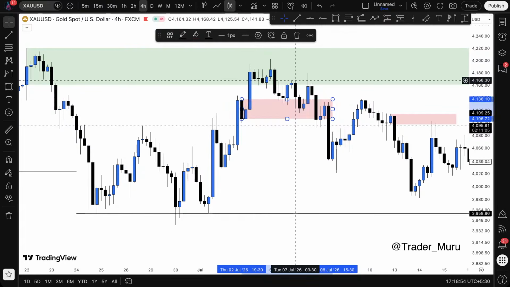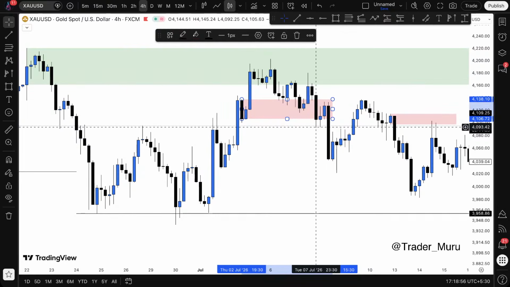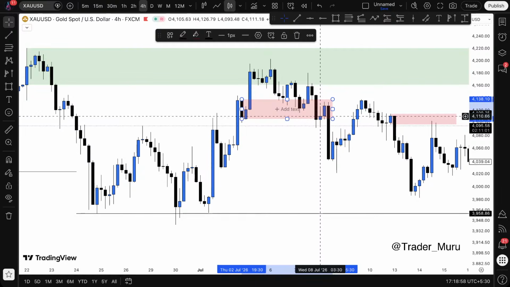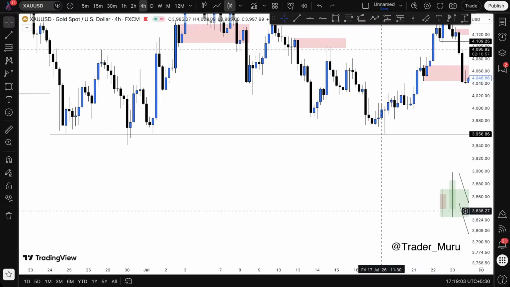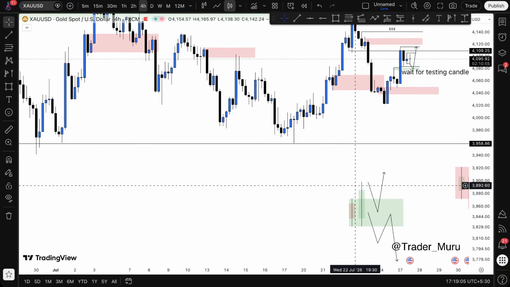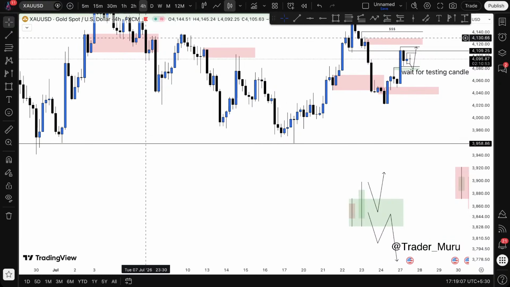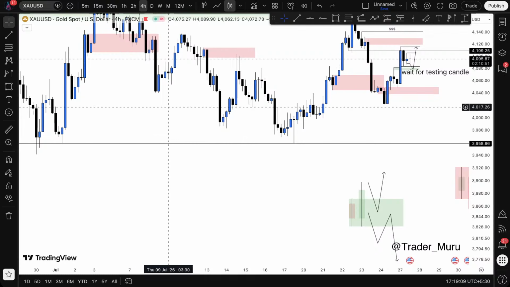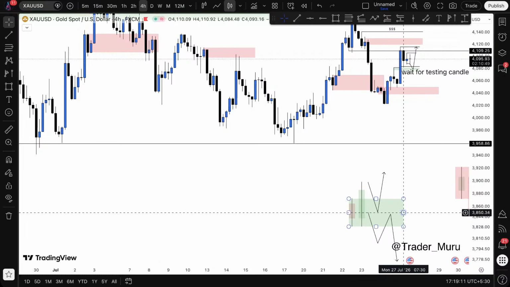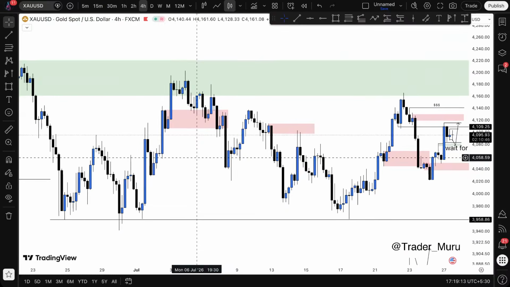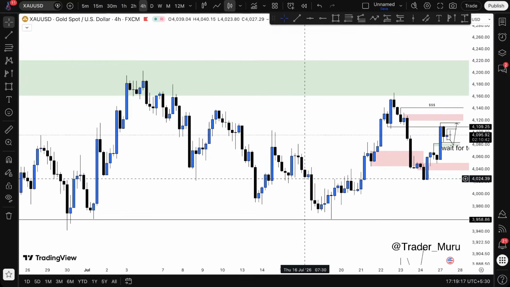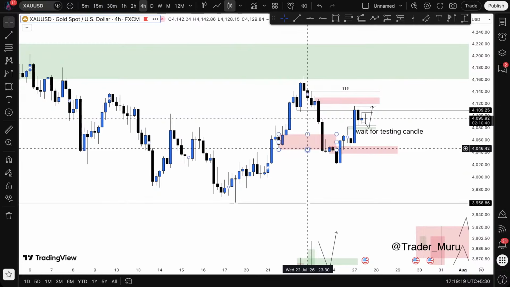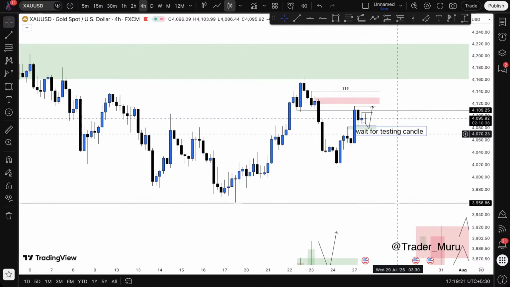If it breaks below and closes below it, it will retest and drop. Both scenarios. First it bounced 2 times, then the second, third time it just broke below it, retested it and dropped. Okay, so this is demand and supply.